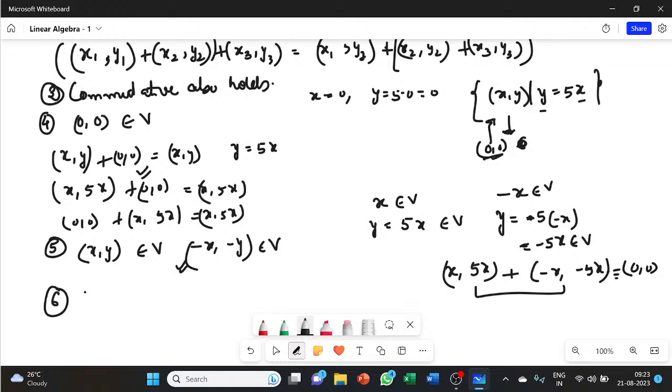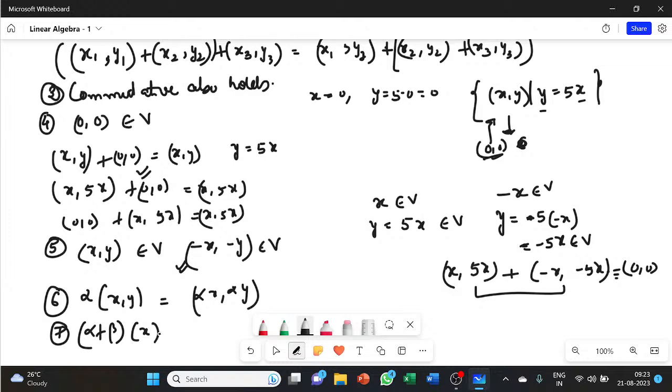Similarly, if you want to verify this, let's say alpha times (x, y) gives you (alpha x, alpha y). Then you can verify on your own that (alpha plus beta) x is equal to alpha x plus beta x, and all the other scalar multiplication properties can be verified.